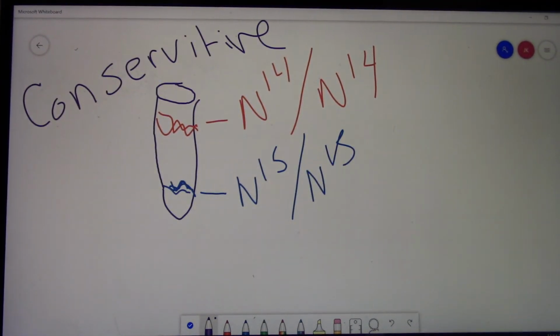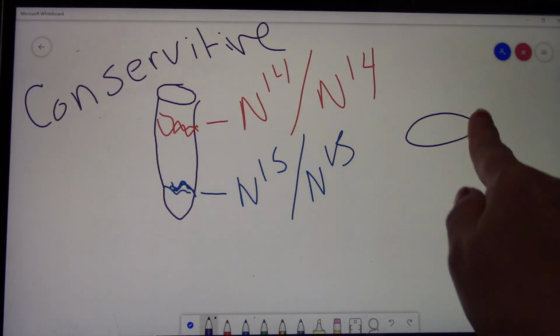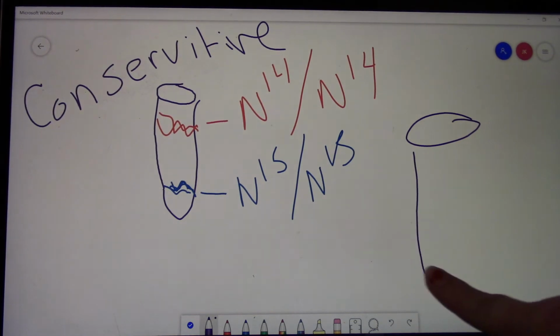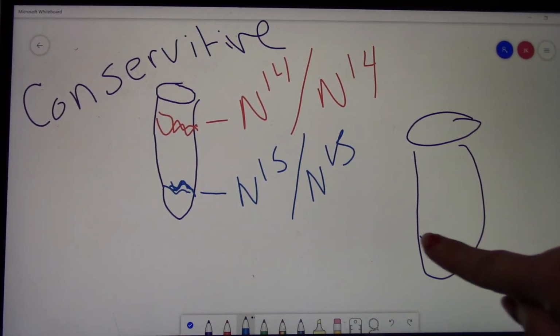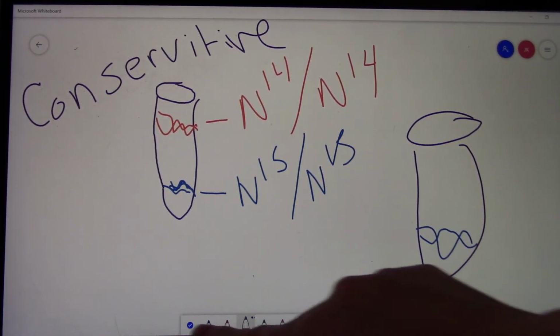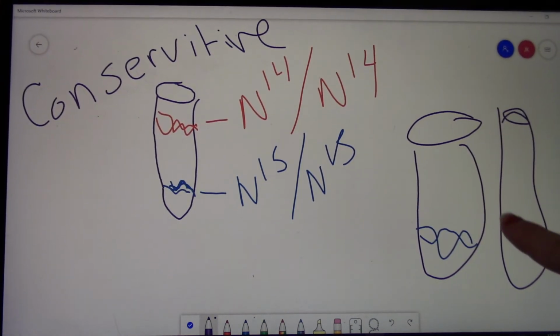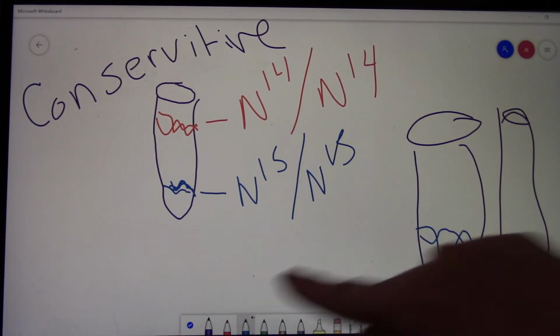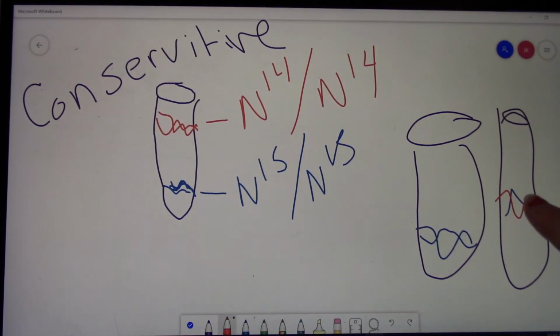So you should know what the results would look like if it was dispersive. If it's dispersive, originally you're going to have a band like this. And then the next round, you're going to have something that's mixed, right?